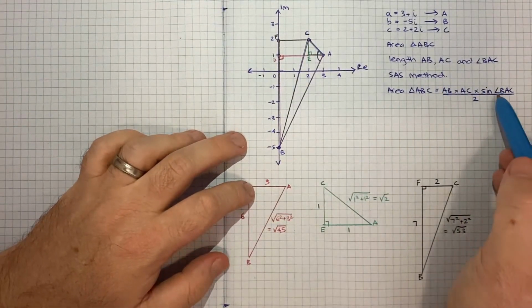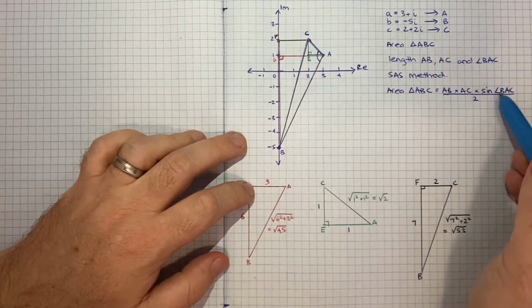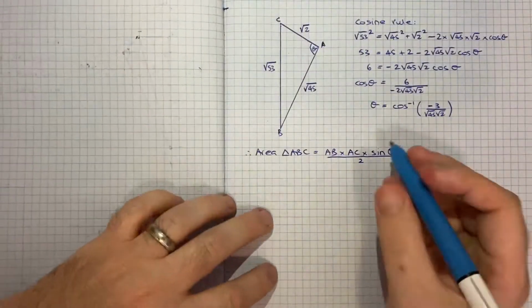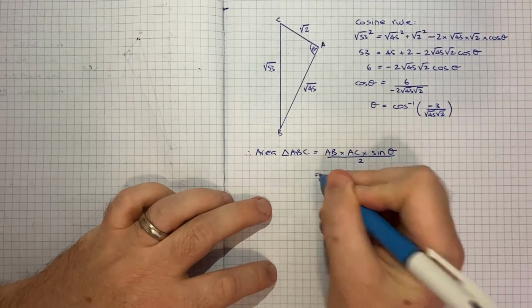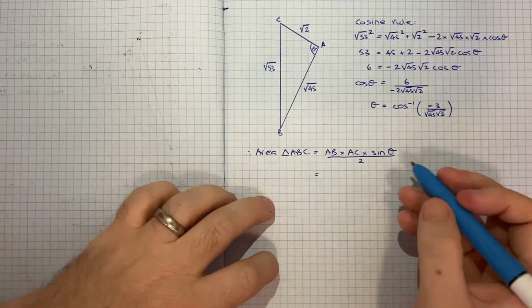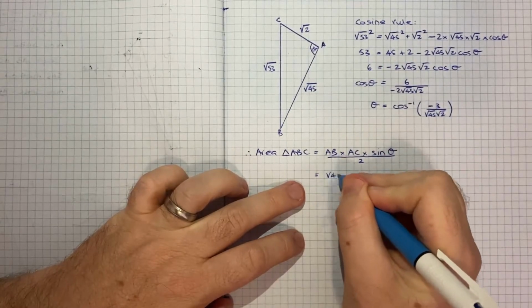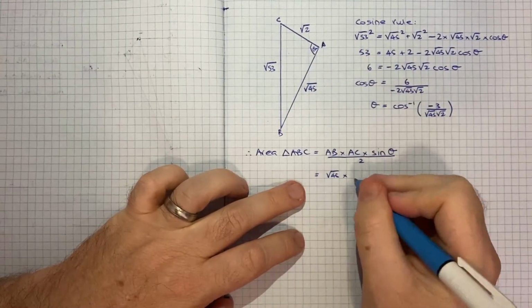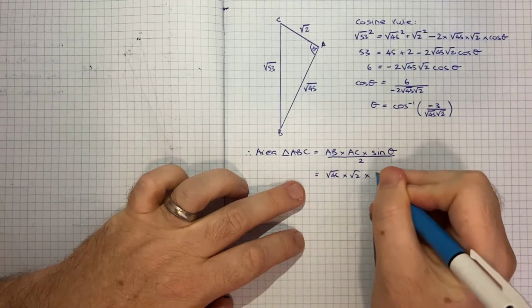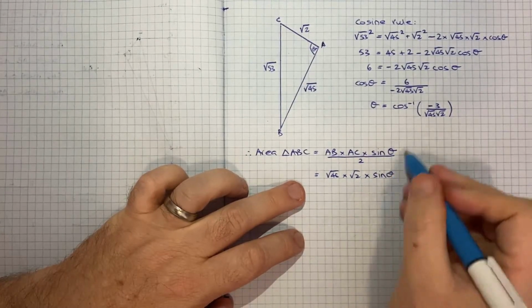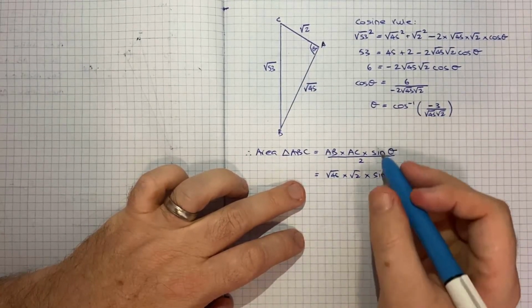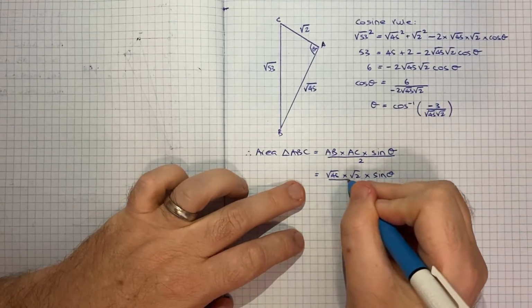I've just called angle BAC theta. So now we can just plug in our results. So it'll be AB, root 45, times AC, root 2, times sine of theta. I'll just leave that as theta before I plug it into my calculator, all divided by 2.